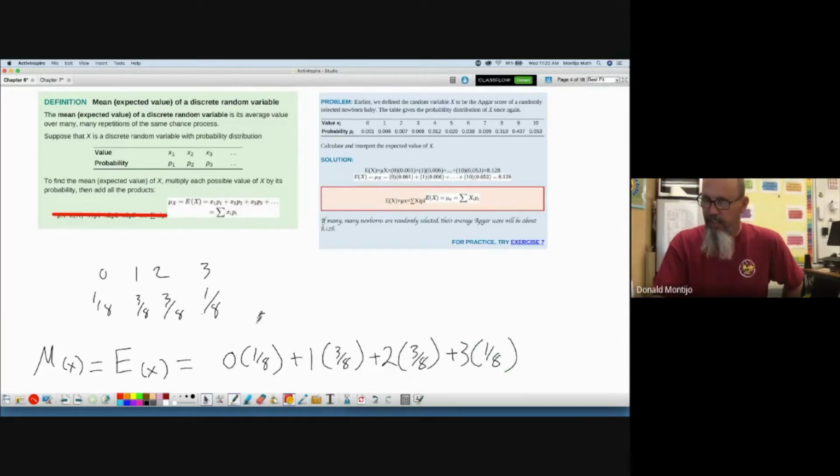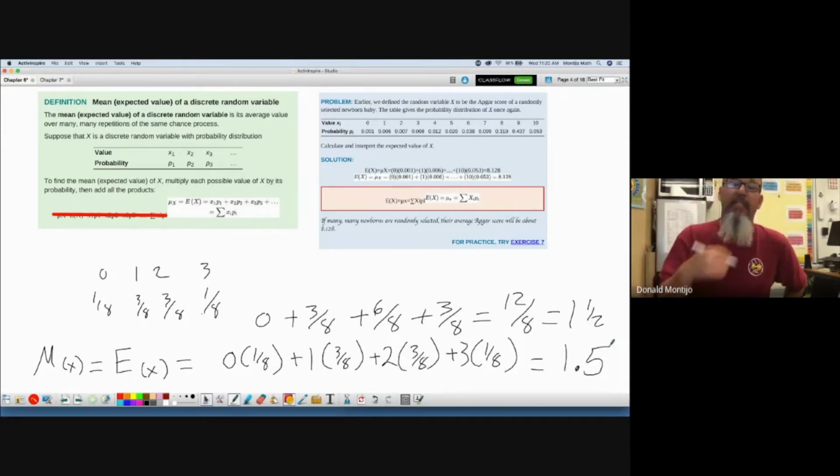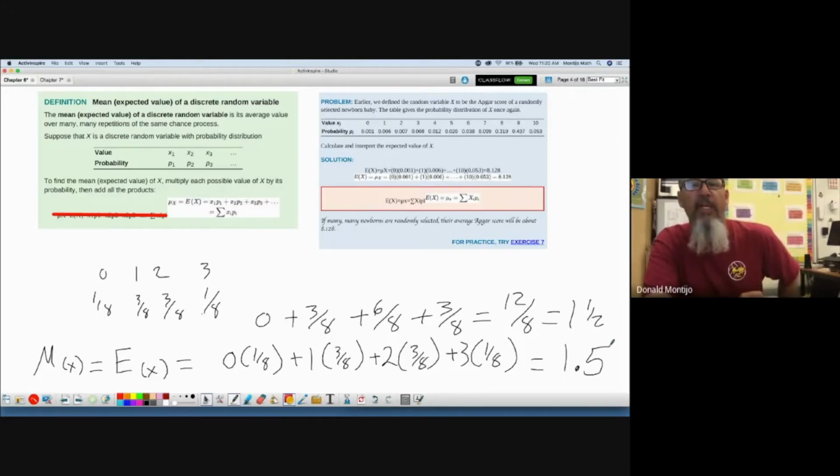So this is 0 plus 3/8 plus 6/8 plus 3/8. Well, if I add that all together, I get 12/8, or 1 1/2, or for all of you decimal lovers, 1.5. So the mean, the expected number of girls I'm going to have out of 3 children is 1.5.